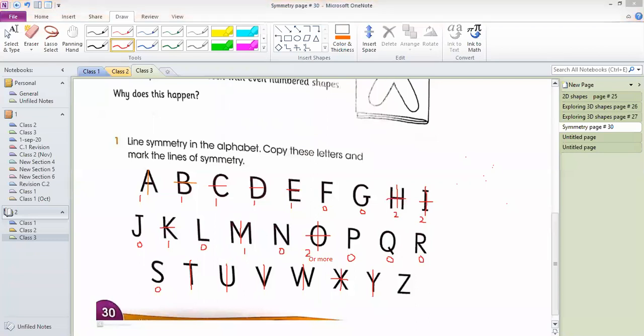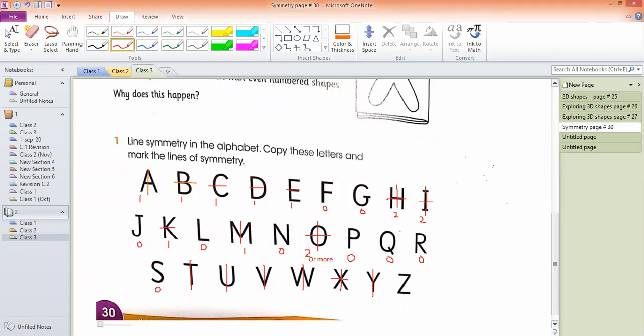Tell me about Z. Does Z have a line of symmetry, guys? The answer is no. I'll show you how Z is not having symmetry. Look here.